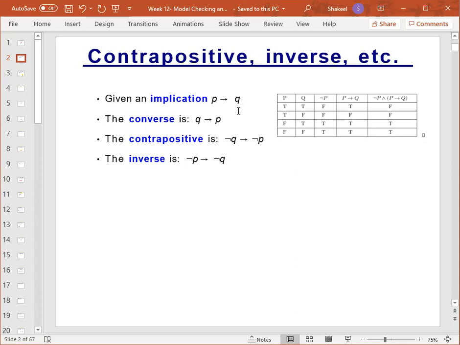We also call the converse of the implication the one that goes from the right hand side to the left hand side: Q implies P. And the contrapositive is the negation of the consequent, or the right hand side: not Q implies not P.